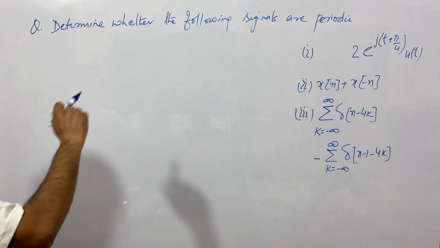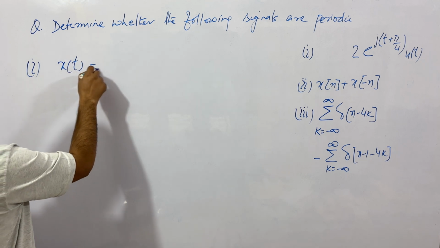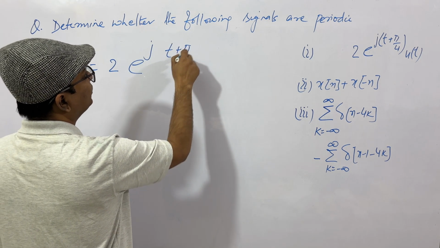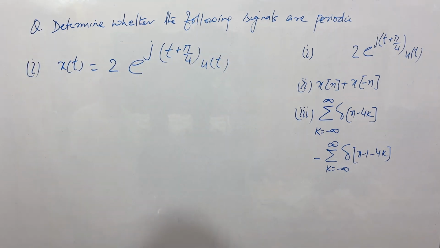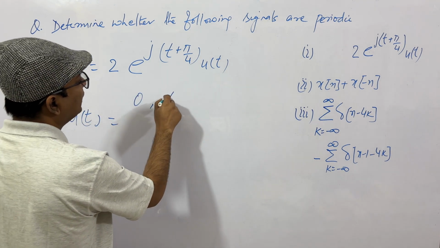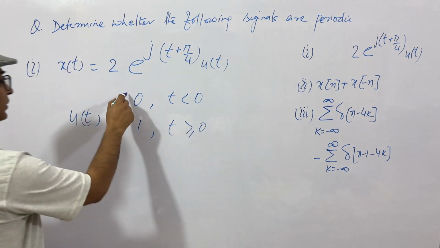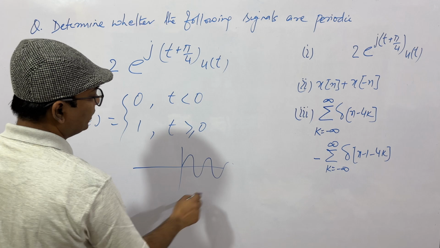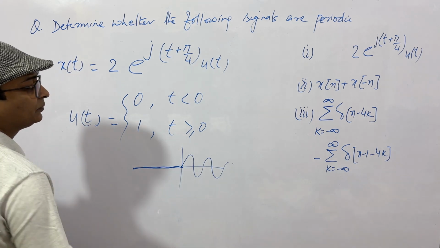Okay, so we have to determine whether the first signal, x(t) equal to 2 e^(j(t + pi/4)) u(t), is periodic. Let's understand this. u(t) means it is 0 for t less than 0 and 1 for t greater than or equal to 0. So even if this signal is periodic, it does not exist below 0.